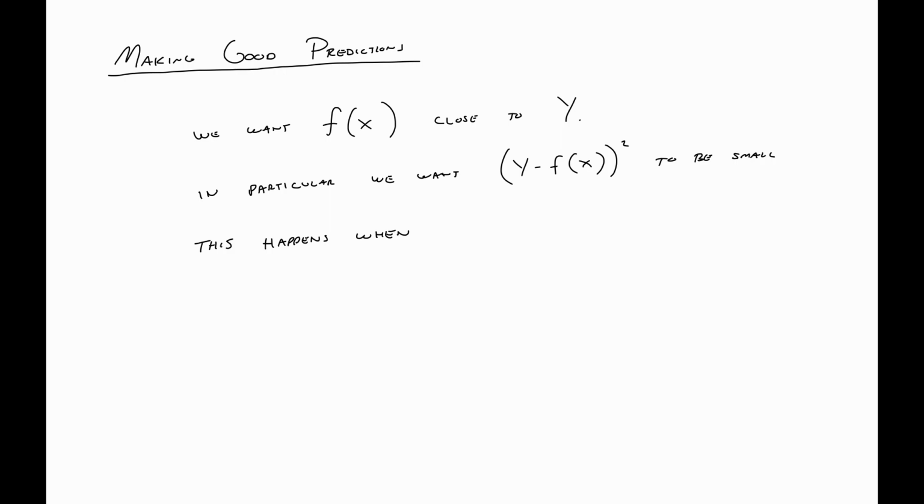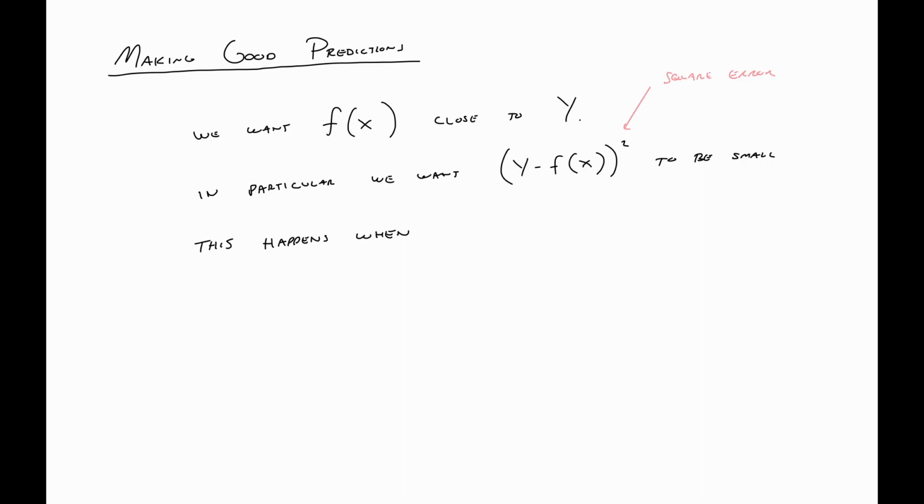There's many ways we can do that, but we're going to look at this quantity where we look at their difference and then square it. That would be called squared error. This is an immensely popular way to consider the difference for the reason we're about to see.